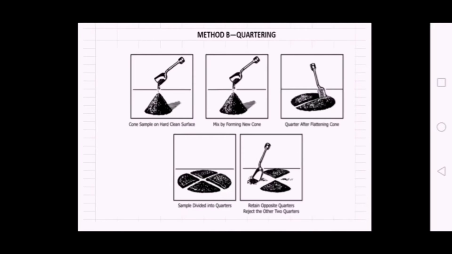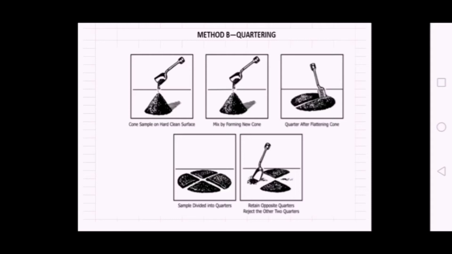So viewers, Method B is quartering. For this method, we need apparatus: a straight edge scoop, shovel, a trowel, a broom or brush, and a canvas blanket approximately 2 by 2.5 meters, used when the surface is uneven.